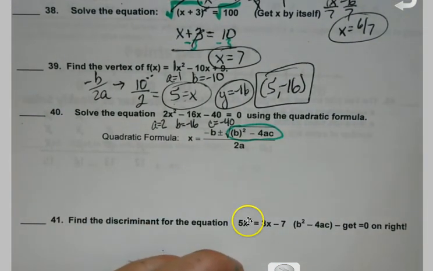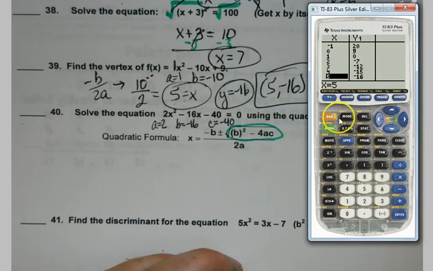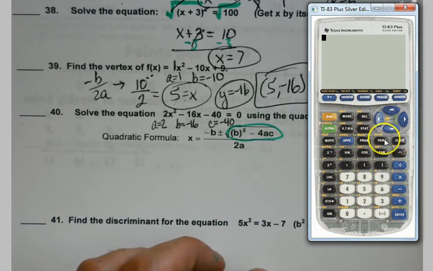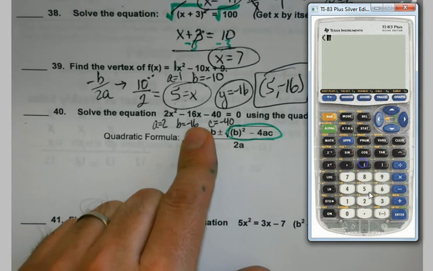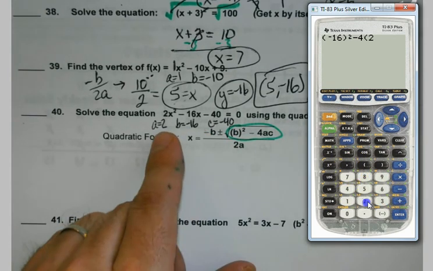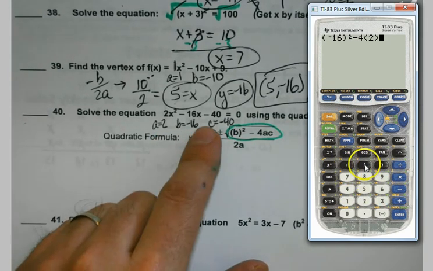So what I'm going to do here, let's bring my calculator back up, is I'm going to type in b squared minus 4 times a times c.